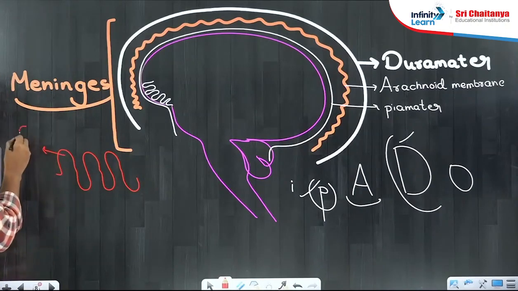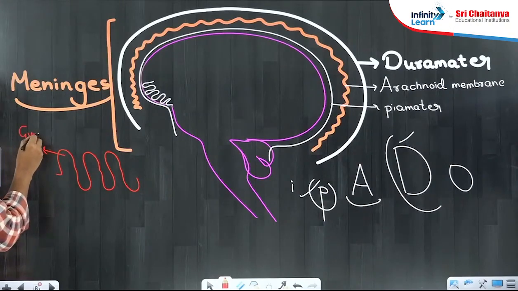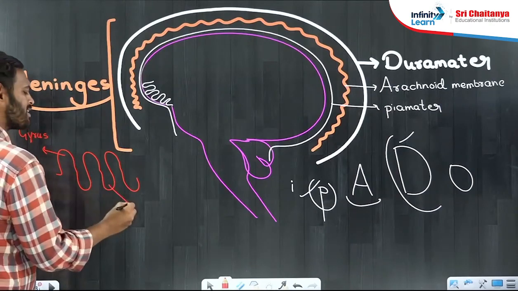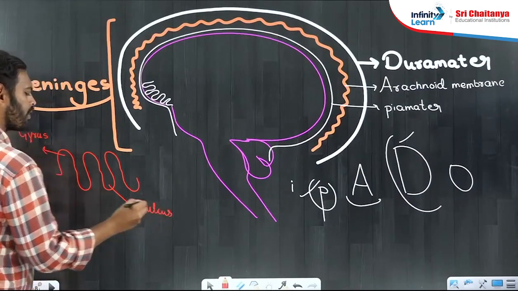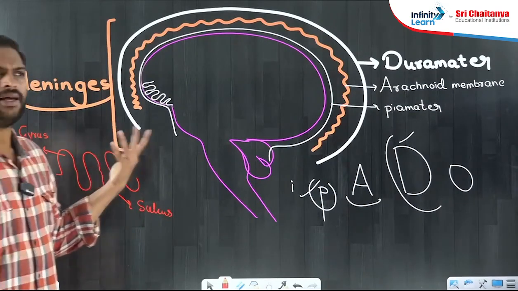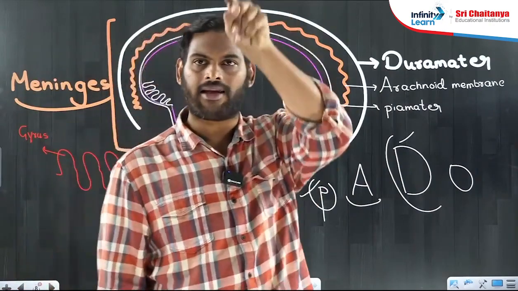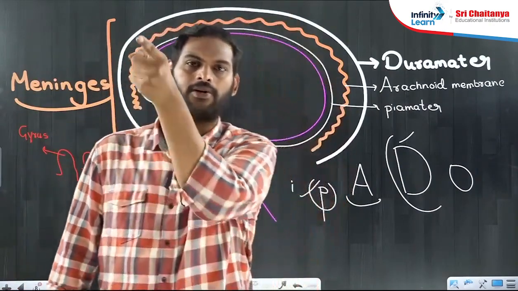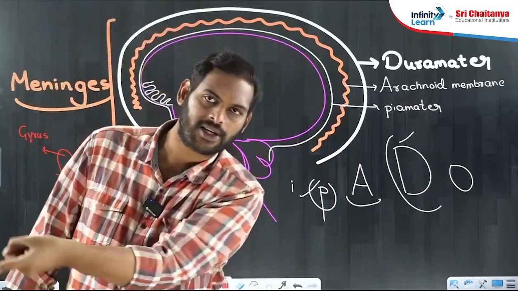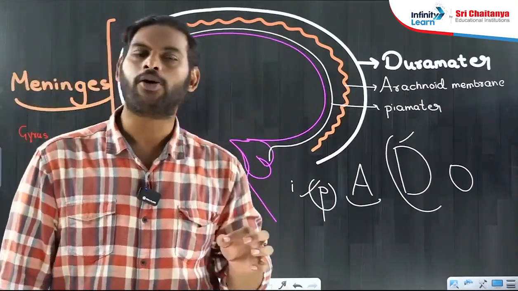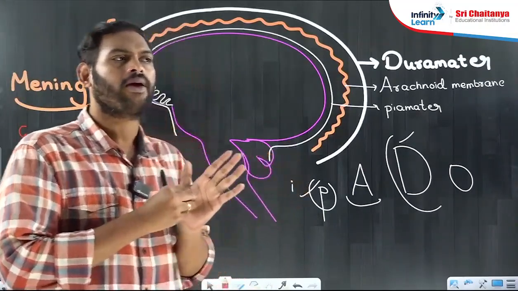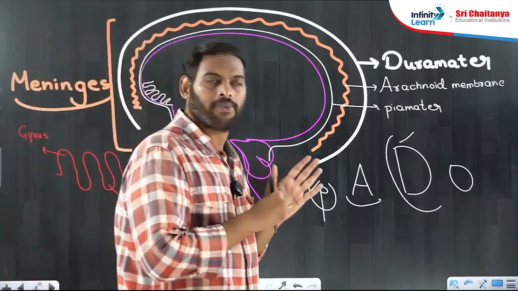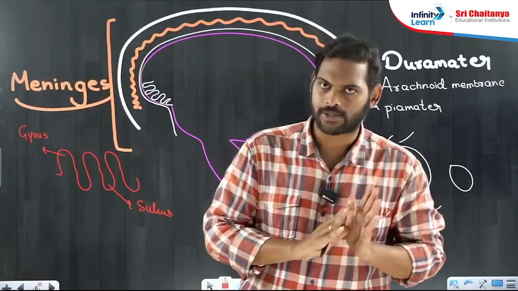Elevations are known as gyrus, singular, gyri, plural, and depressions are referred to as sulcus, singular, sulci, plural. Gyri, elevation; sulci, depression. Because of gyri and sulci, there is more surface area and the brain can accommodate more neurons.